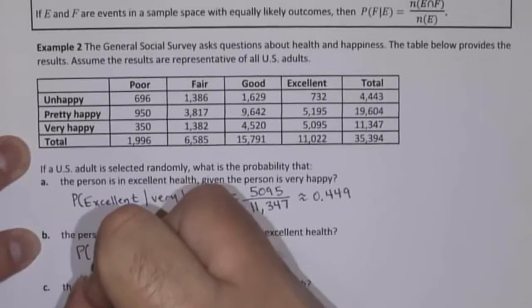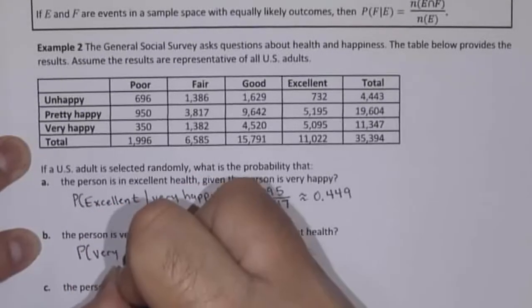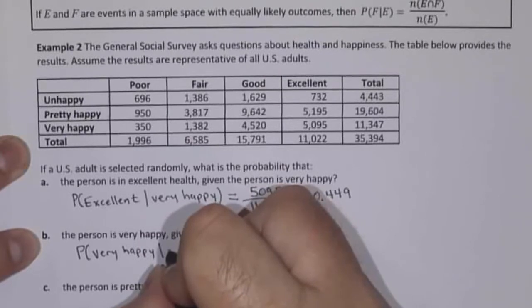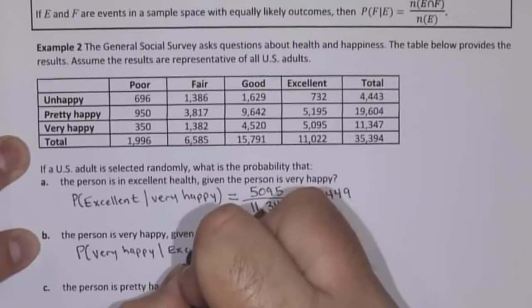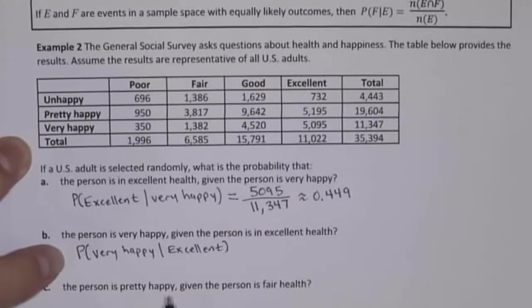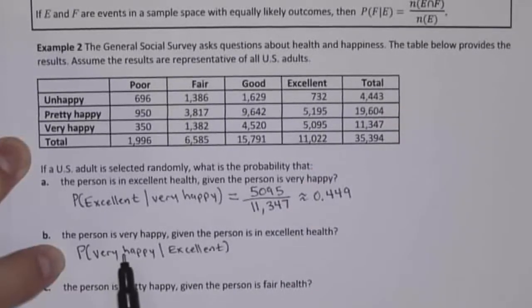So in this case, we're looking for the probability of being very happy given that they're in excellent health. The difference again is what's F and what's E. In this case, the F is the very happy and the E is the excellent health.